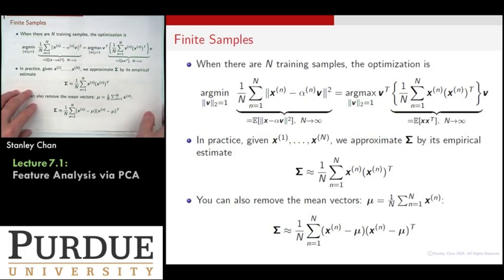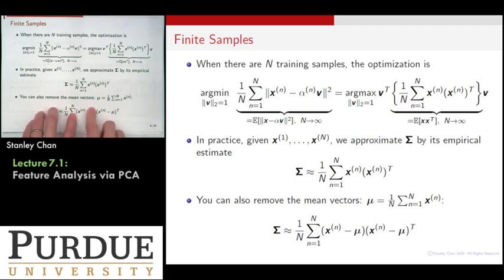Okay, so now the last comment here is that you can also remove the mean if your X vector is not zero mean. Then this new definition here with the mean subtracted will give you the real covariance matrix. Otherwise, this is actually called a correlation matrix. But if it is zero mean, they're the same.